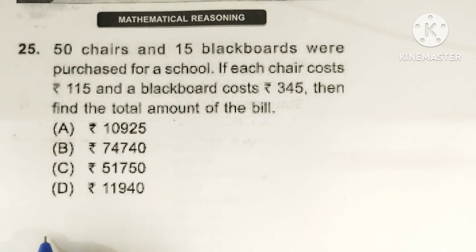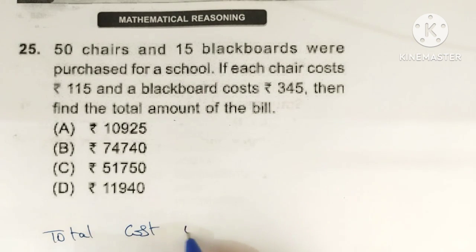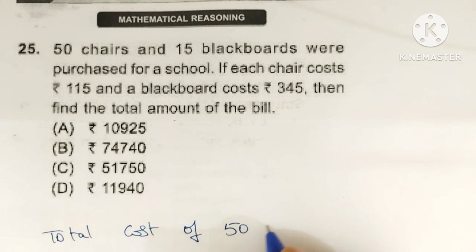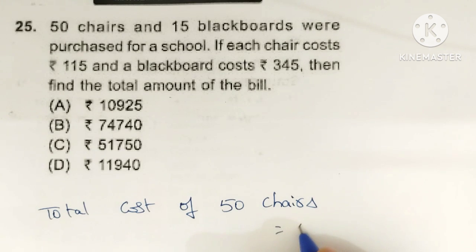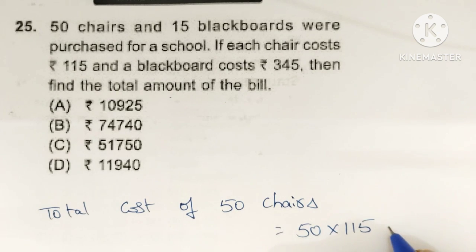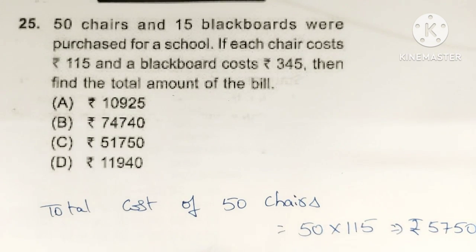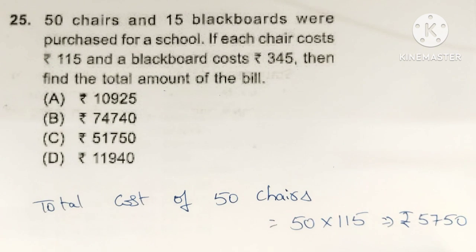So total cost of 50 chairs equals 50 into cost of one chair, 115 rupees. So we will get rupees 5750. The cost of 50 chairs is 5750.